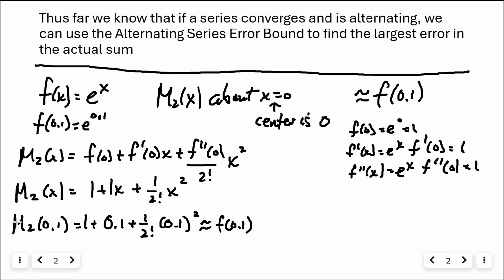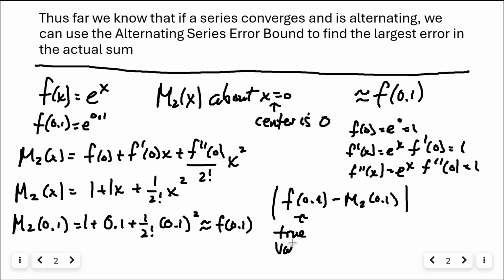I don't know, but I could figure out how much it would be off if I take the true value and subtract away the Maclaurin polynomial's value, let's say in absolute value. So this is the true value, and then I'm subtracting away the approximate value.